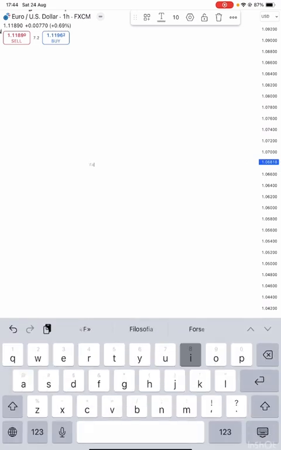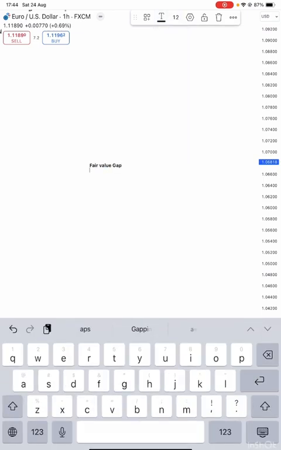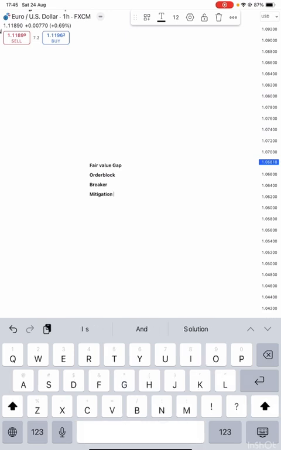So the PDRAs are, well, fair value gap that can become an inversion gap, as you know, order block, breaker, the one I use. Also there is a mitigation block. It's a confluence to me, mitigation block.